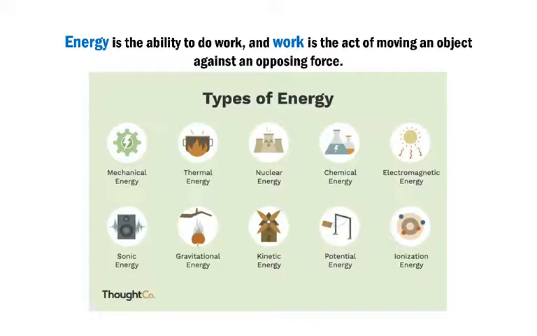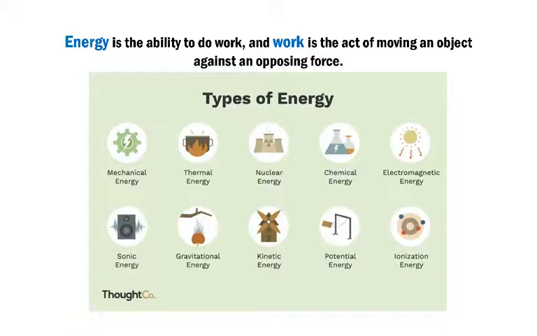Let's try to add this to that idea. Okay. Now, there are lots of different types of energy. And this cool infographic from ThoughtCo just shows some different types of energy, right? There's mechanical energy, like gears. We have thermal energy for cooking, nuclear energy, chemical energy, electromagnetic energy, sonic, gravitational, kinetic, potential, ionization, and so on and so on.